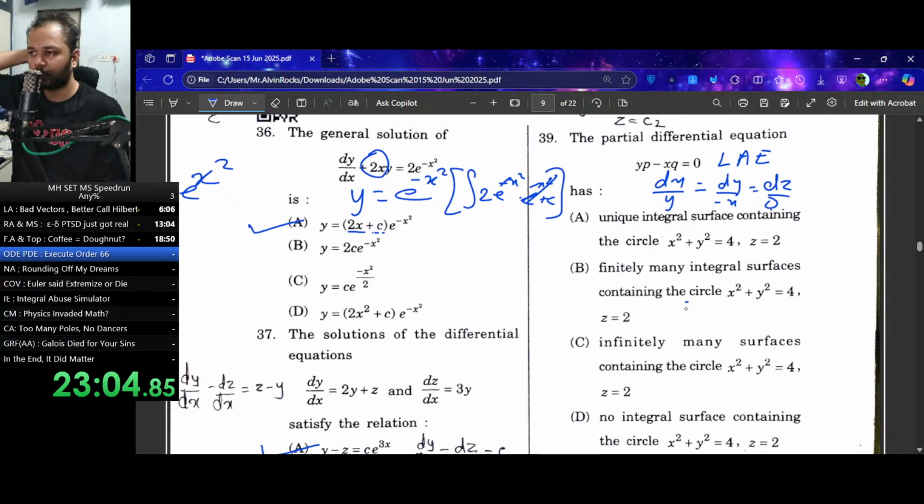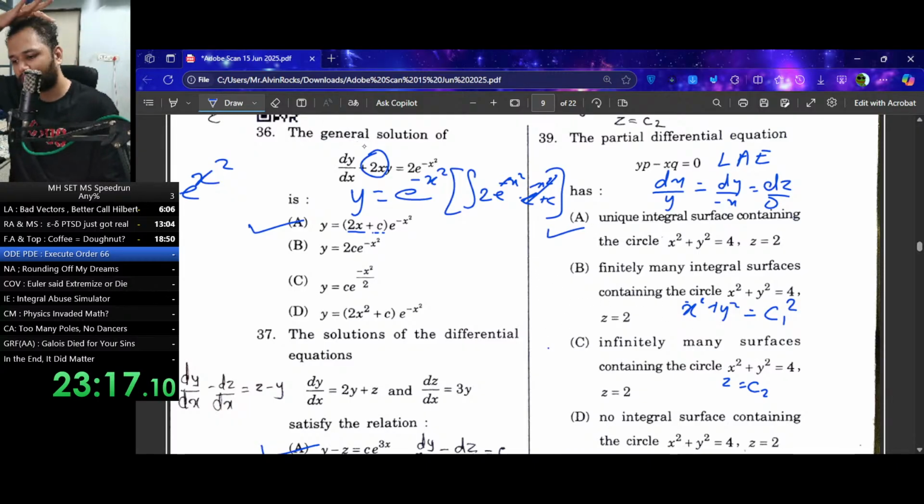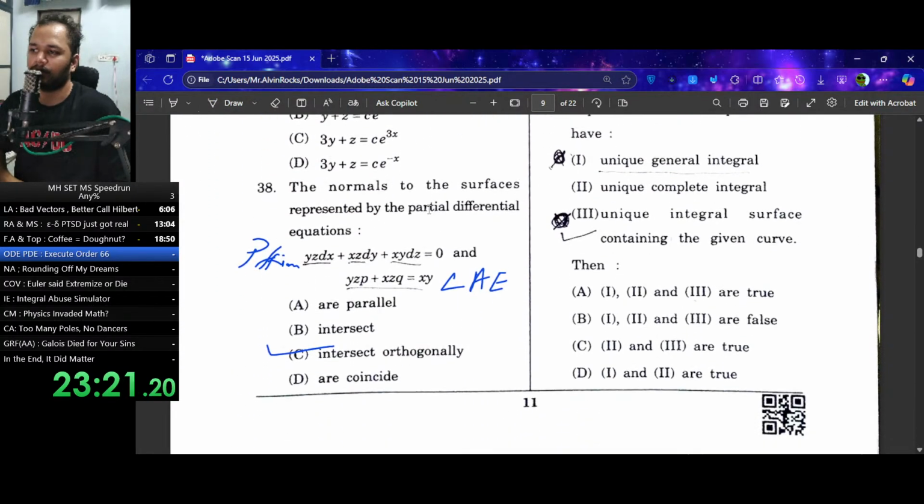Z integrated will get x square plus y square is equal to c1 square and z is equal to c2, so you can just replace them and get a unique solution somewhere. Probably finitely many or infinite as well.